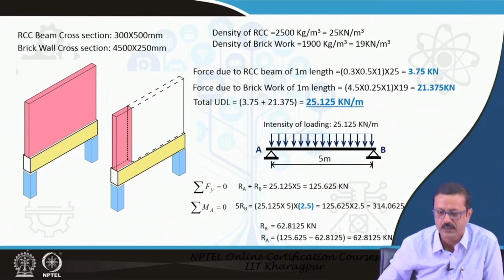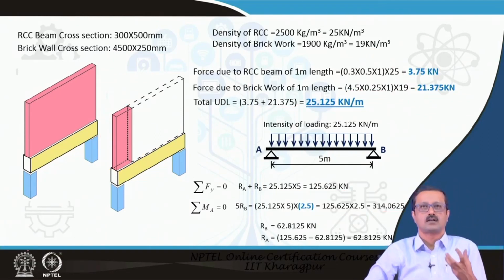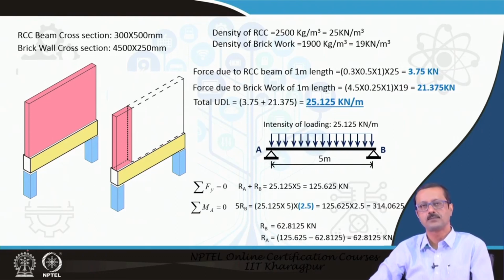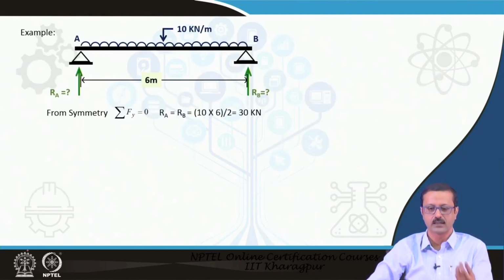So, like that we can find out the intensity of the UDL from the nature of the building element, multiplying the density with the unit length of that particular element, that is the volume.